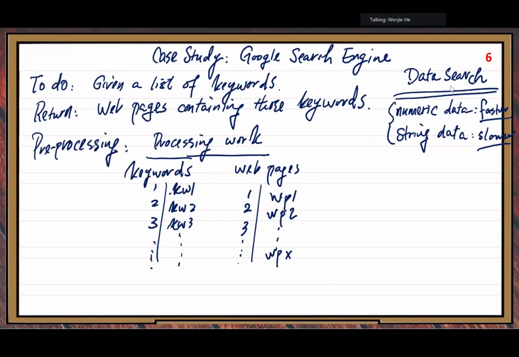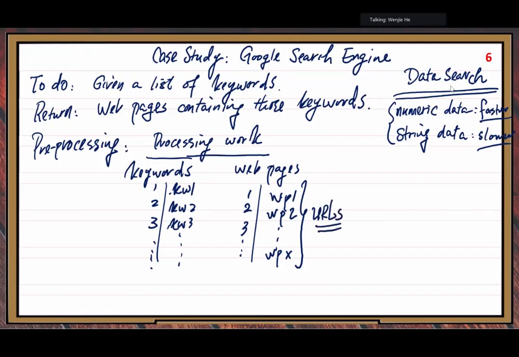Then later, you can use their numeric ID to refer to these string values, right? Web pages, you can use URLs, because when you store the locations of the web pages, you use URLs.